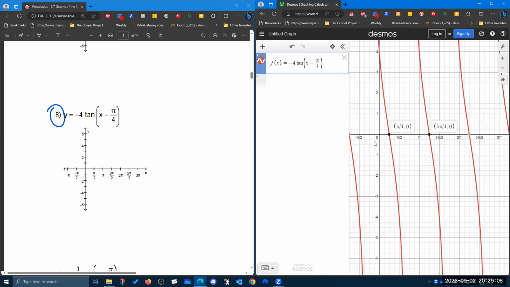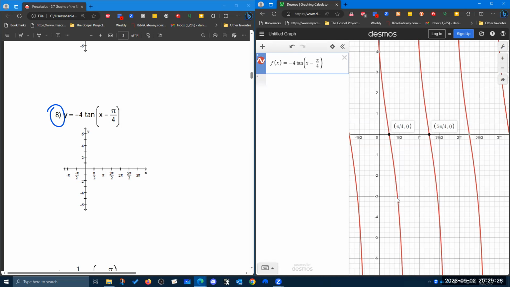And it has a multiplier of negative 4, which reflected it over the x-axis. And let's see, so we were at 3 pi over 4 just a second ago for the asymptote, which makes our characteristic point at 3 pi over 8.